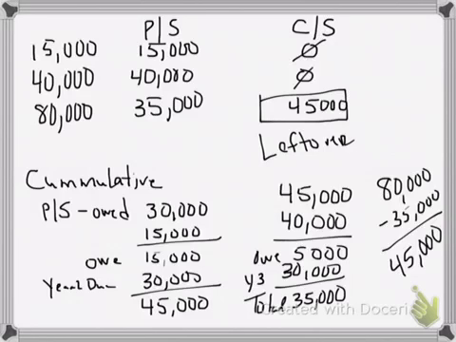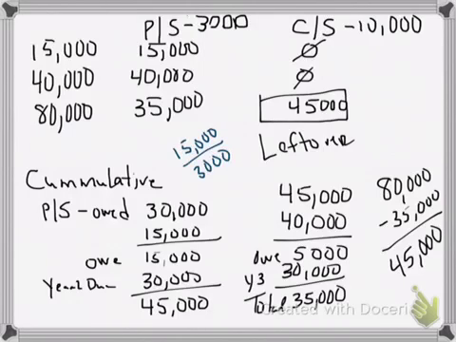Now, the other thing on your worksheet is, how much are they getting per share? If you go back and look at your worksheet, there were 3,000 shares of preferred stock, and 10,000 shares of common stock. So what I would do is take the $15,000 amount and divide it by the number of shares, 3,000, and that gives me $5 per share.